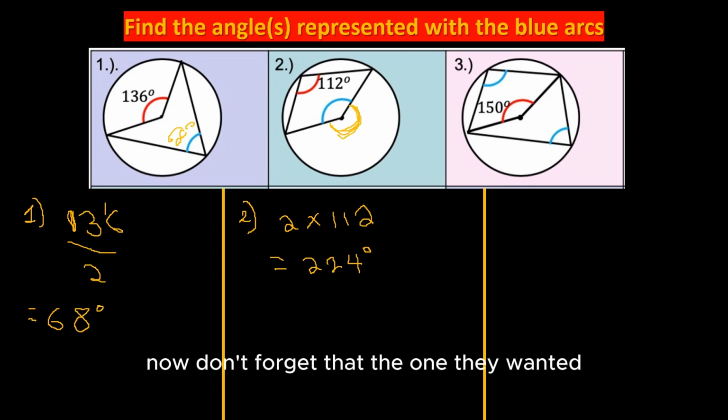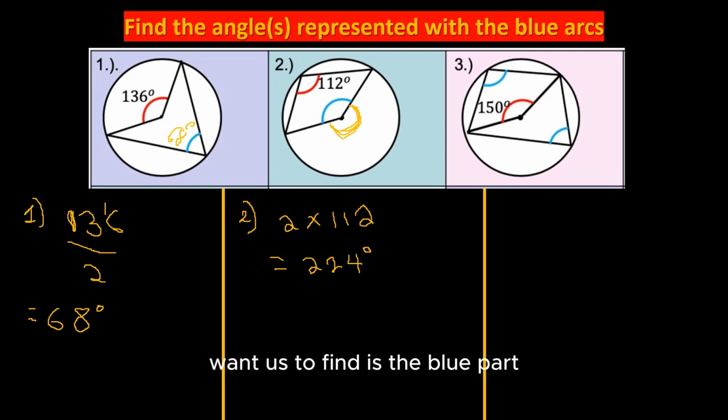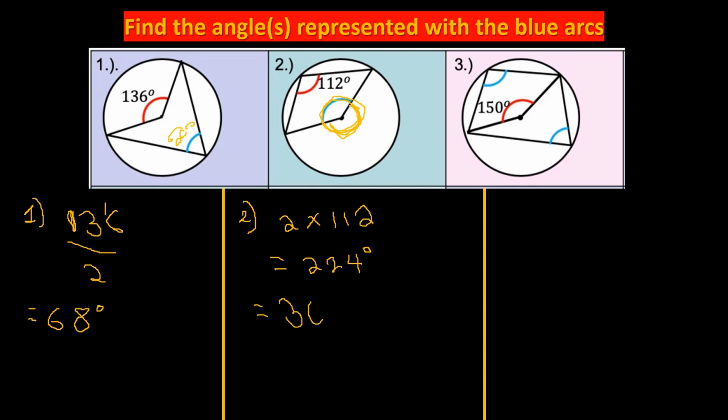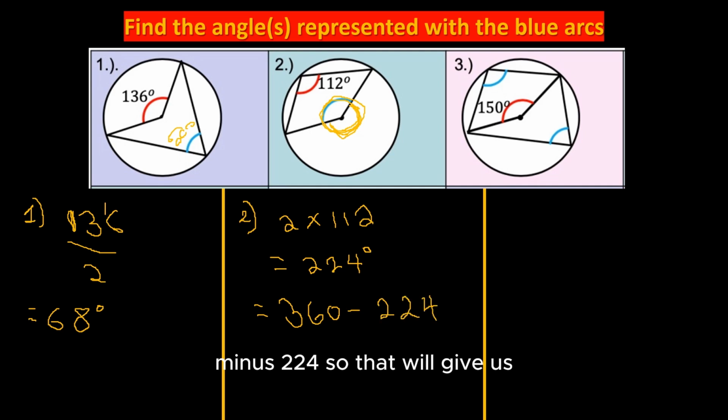Now don't forget that the one they want us to find is the blue part. So if you now join this and this together, it gives us what? A circumference. That's 360. So for us to get the blue part, we'll then do 360 minus 224.